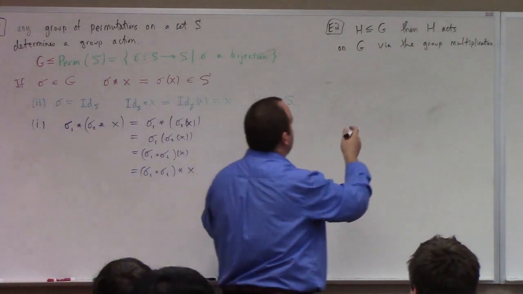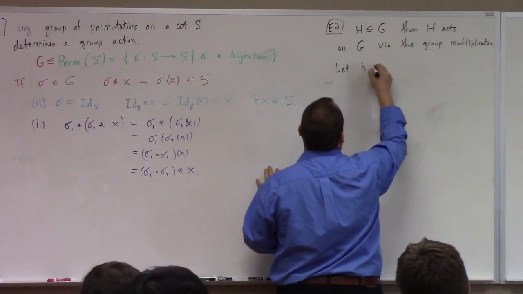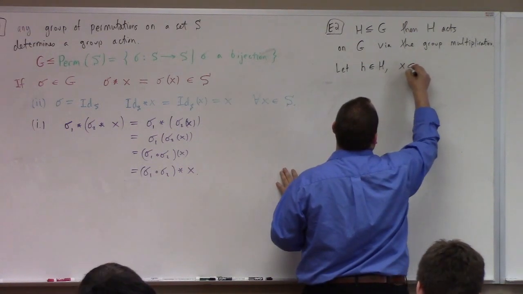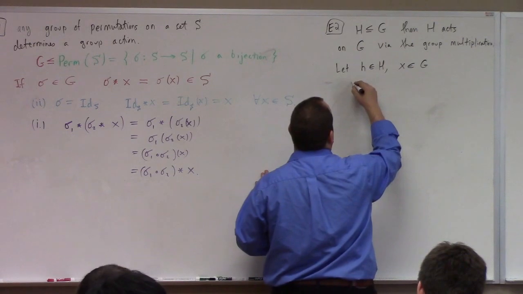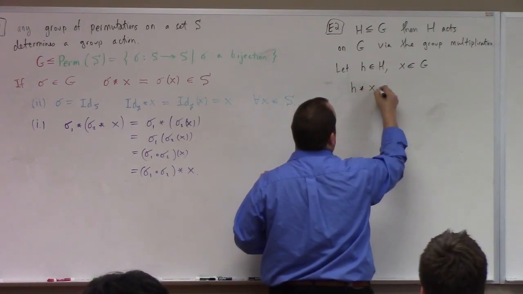So what I have to do, right, is I have to take h in H, right, and let's say x in G. And how should I define h star x?